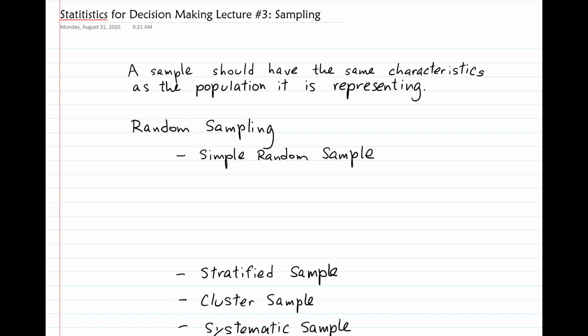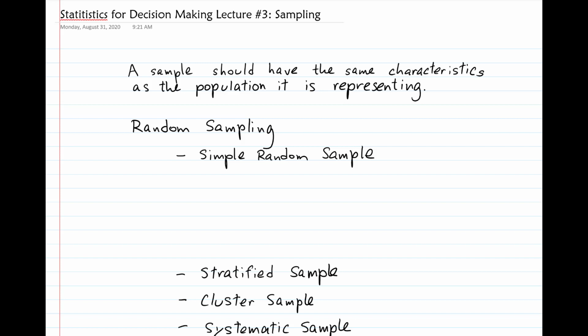But the idea is you number everybody 1 to 1 million, and then you randomly generate 500 numbers between 1 and a million, and then the 500 people with those numbers, they're going to be your sample. That's how you do a simple random sample.